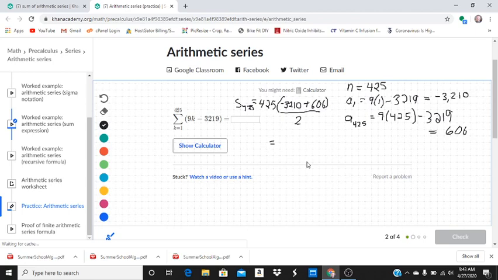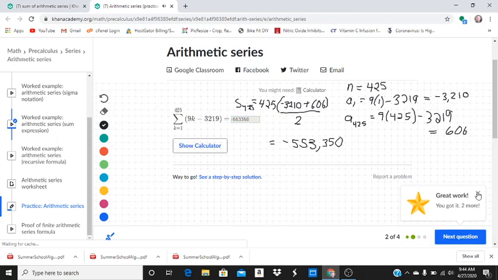We get negative 553,350. Put that in. All right, look at that. More energy points. Let's try another one.